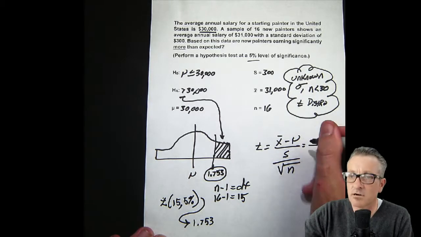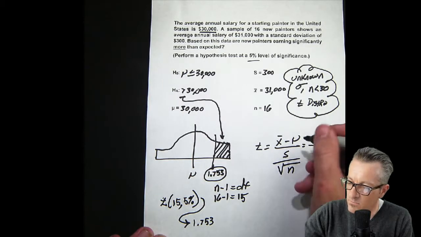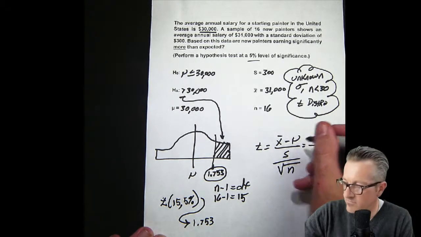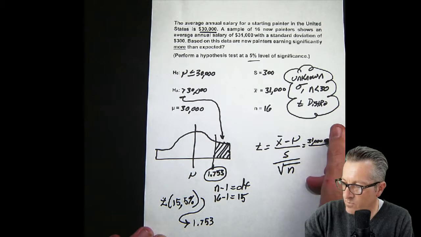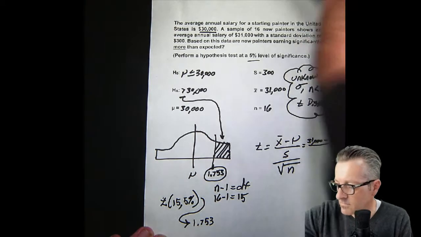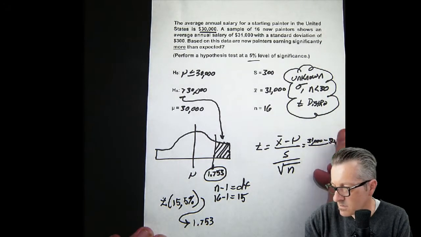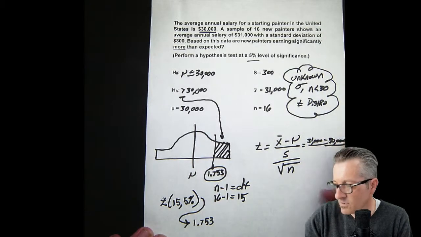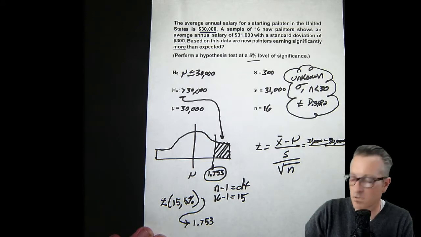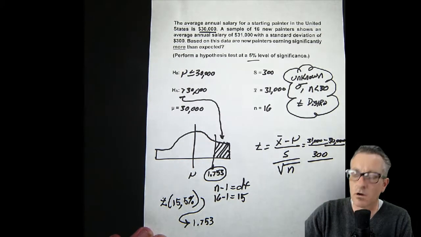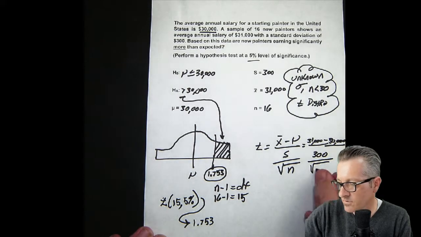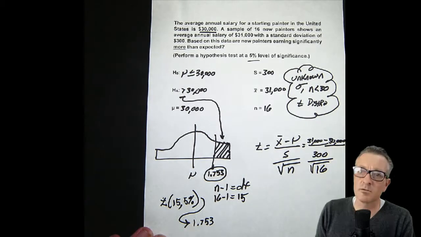I'll use the calculator and talk about the p-value method in a later video. Might run out of room right here. And then it's 300 over the root of 16.